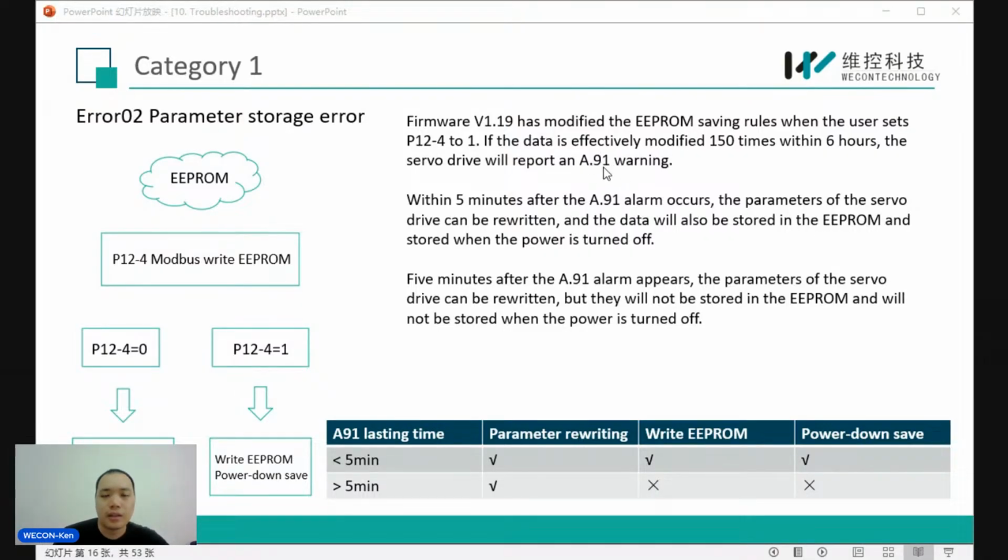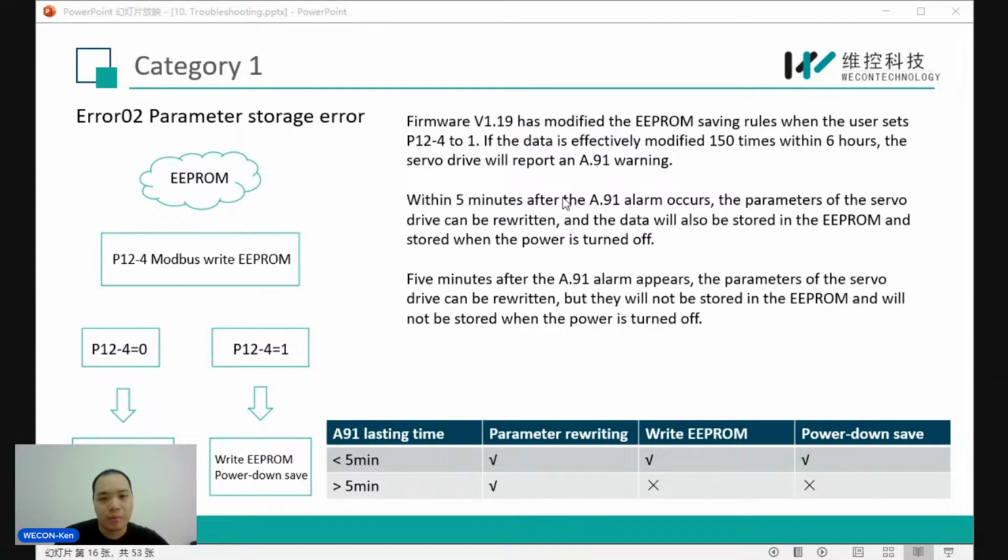And you can see here is the A.91 warning. When you modify the data in EEPROM more than 115 times within 6 hours, there is an A91 warning.